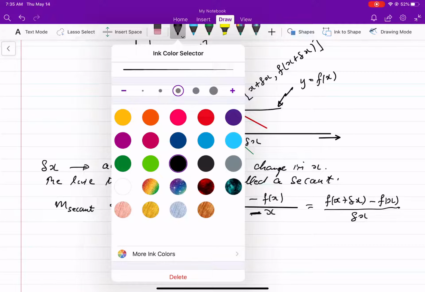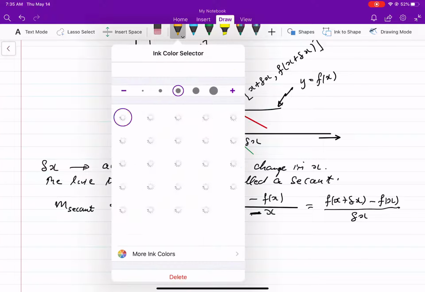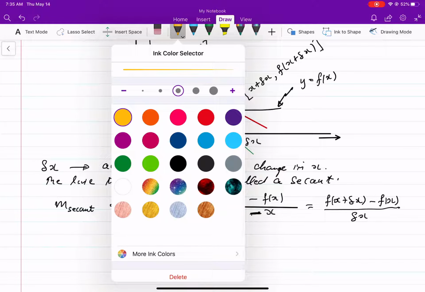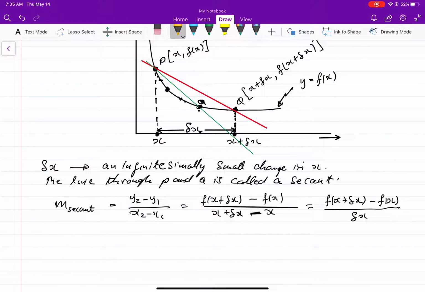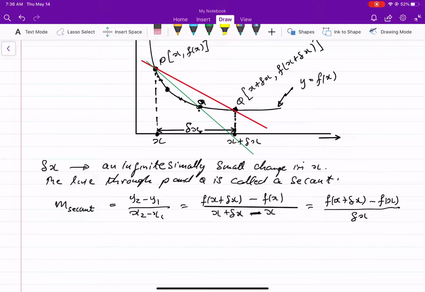Use yellow. Hope it shows up. If Q is now there, the secant now looks like this.